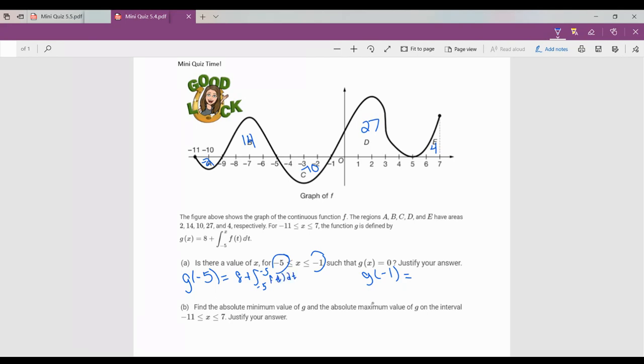The area under the curve from -5 to -5 is 0, so g of -5 is 8.